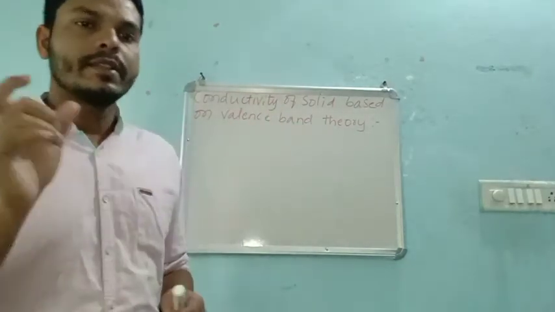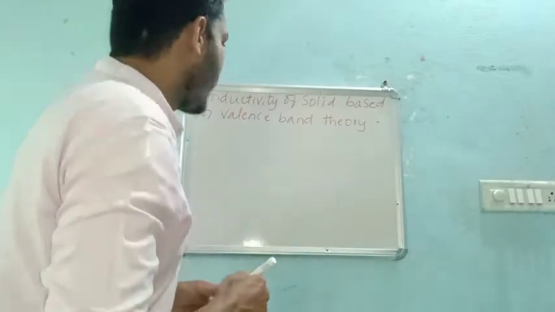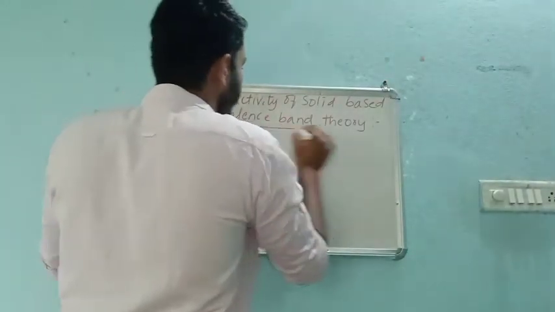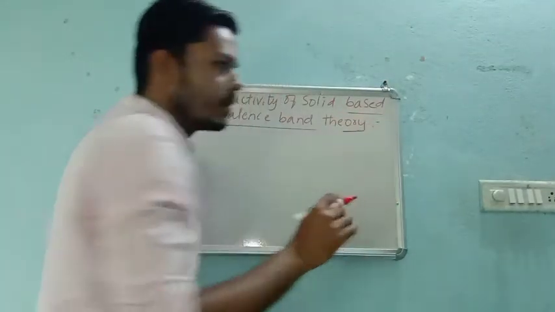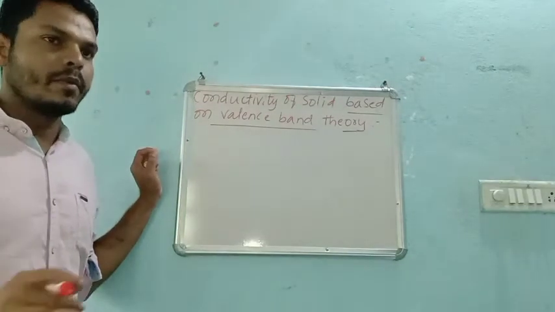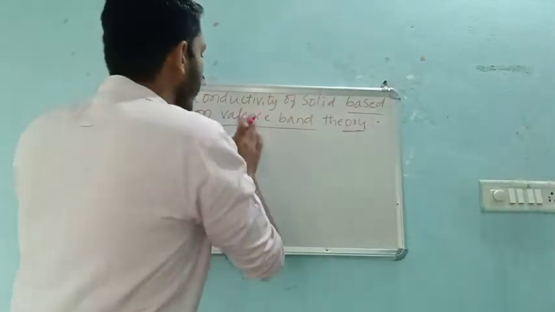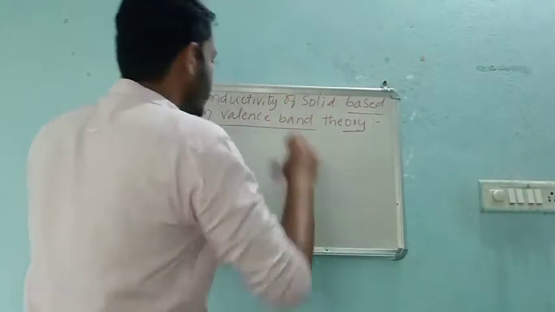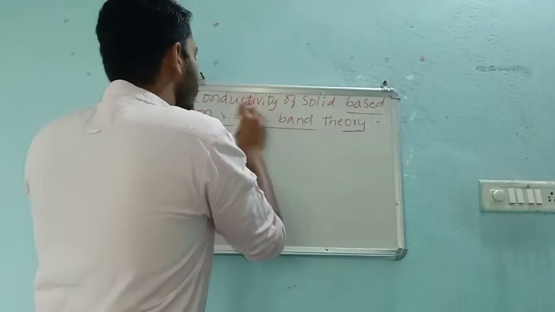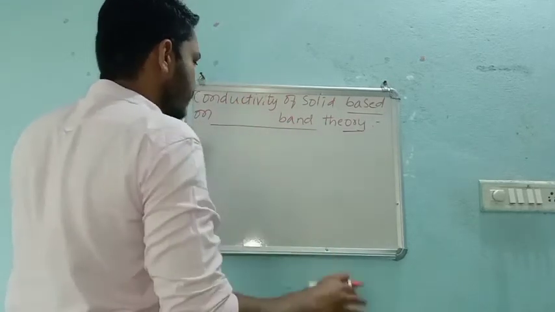In this theory, there are two bands. You try to understand these two bands, then the theory will be easy. It is based on band theory, not valence bond theory.